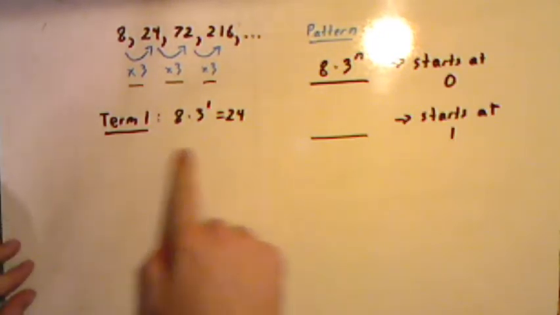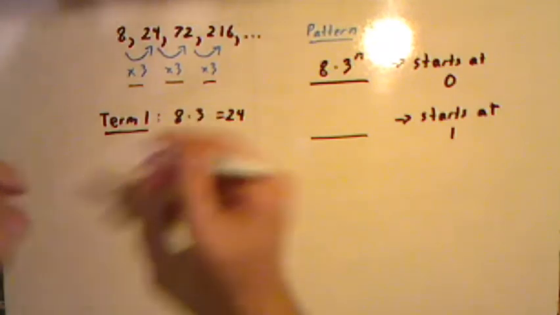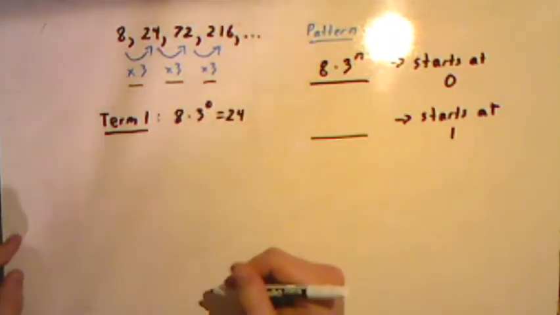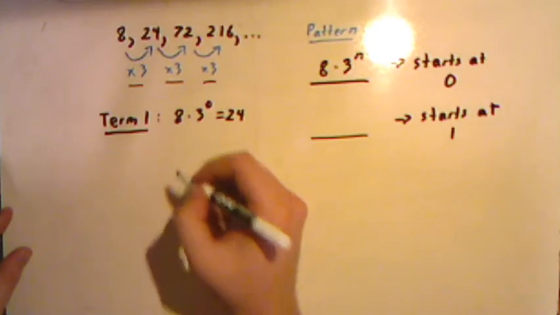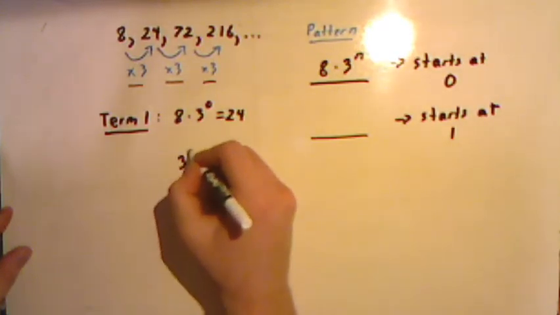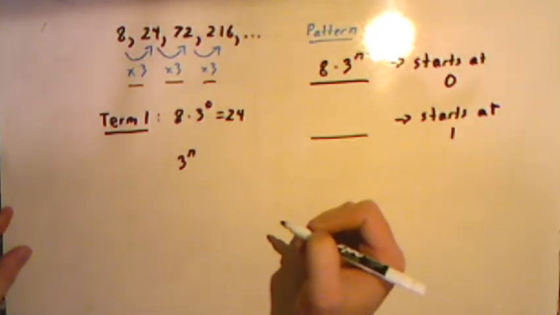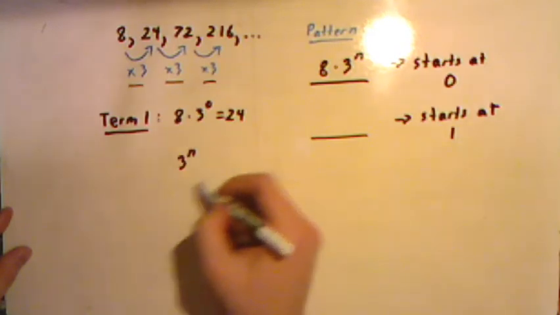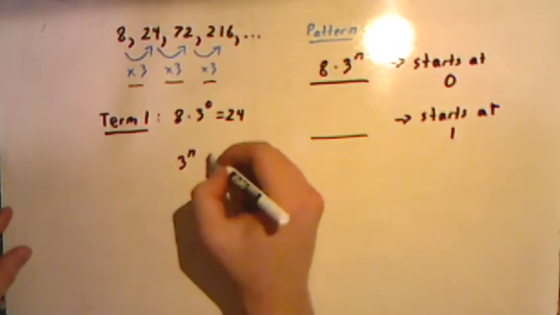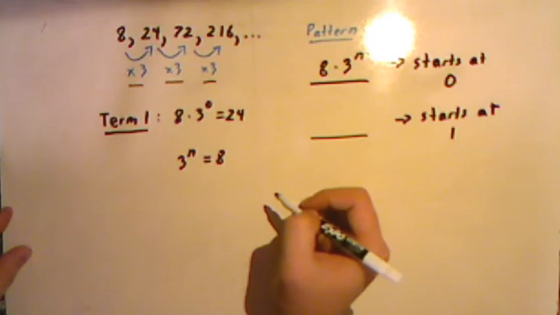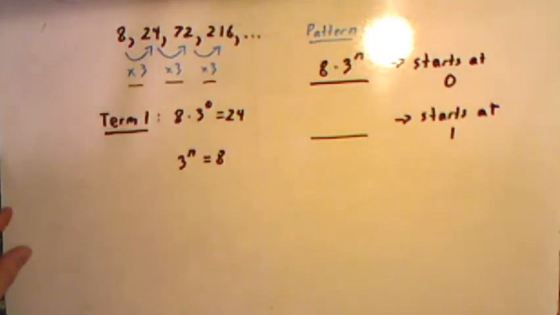So in this case, for term 1, we would have to plug in 0 for this formula, so we have to work around that. We know for a fact that we have 3 to the n power. So somehow, starting from here, we need to end up with 8, where we are still using that initial term.